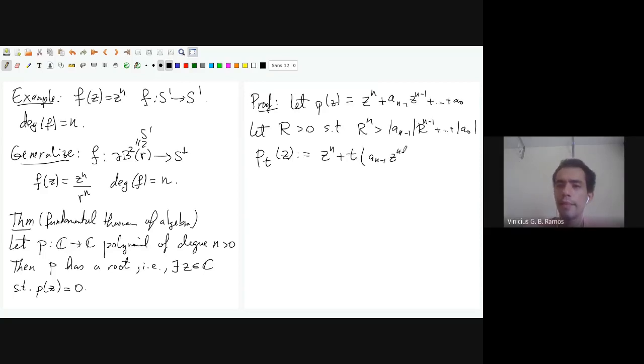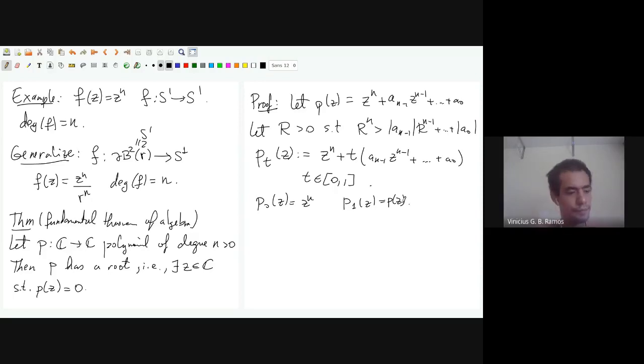So a n minus 1, z to the n minus 1, plus etc., plus a0. So I'm going to define this for t between 0 and 1. Okay? And what is clear is that P0 is just the polynomial z to the n, and P1 is just P.